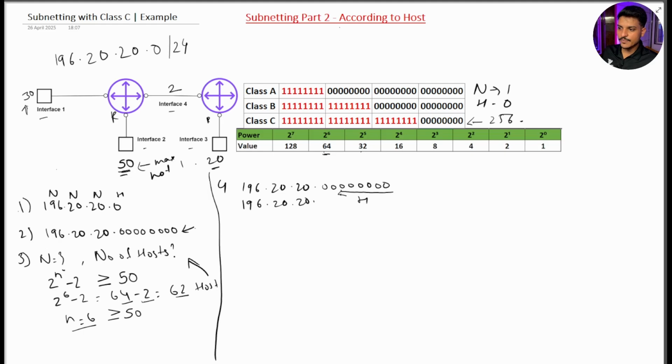Here only 6 bits we are taking for host and 2 bits we are giving to the network. So for the network it will be 1 1 and the rest will be 0 0.